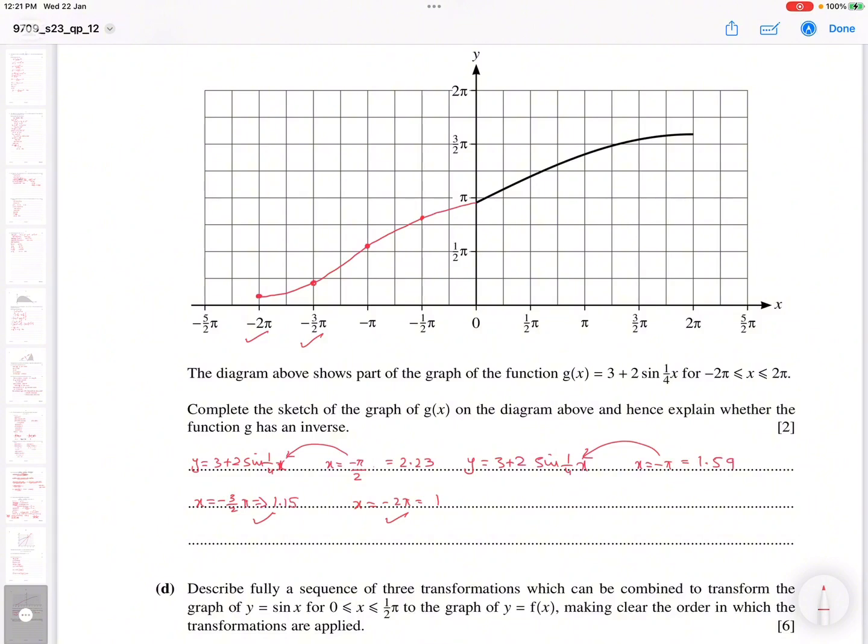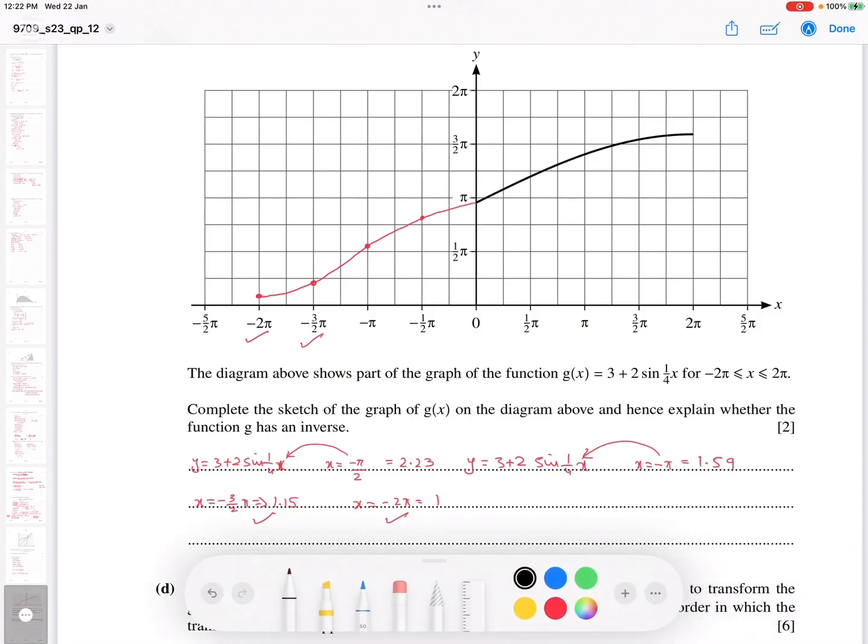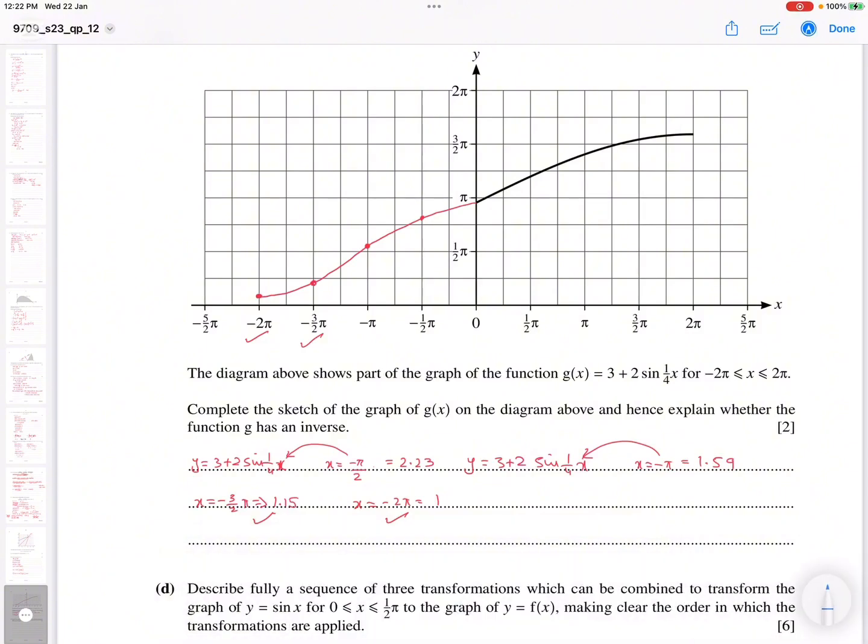Now we have to answer. Yes, you can say yes, it has an inverse, because it is a one-to-one function.